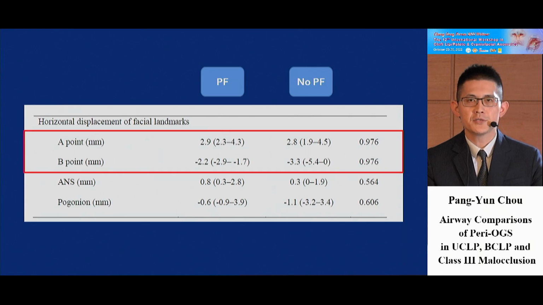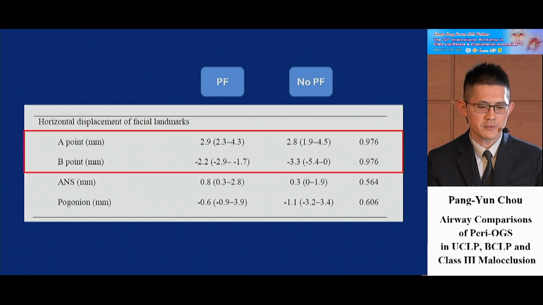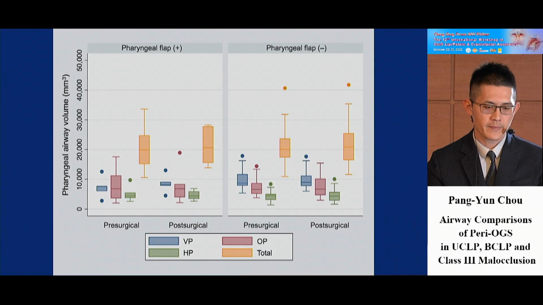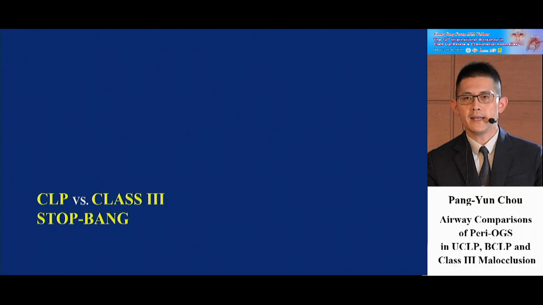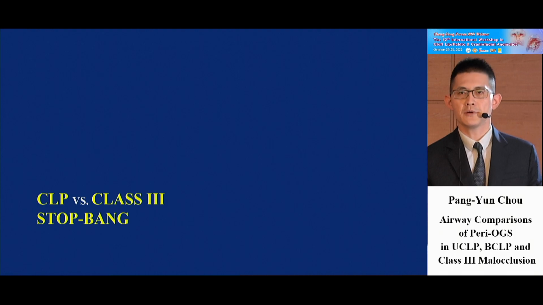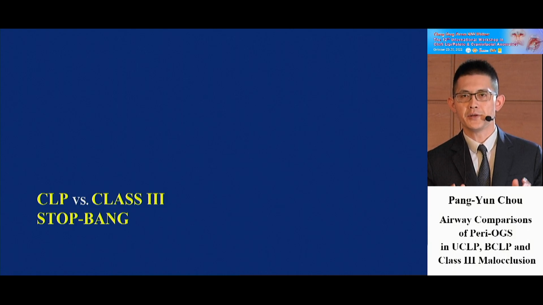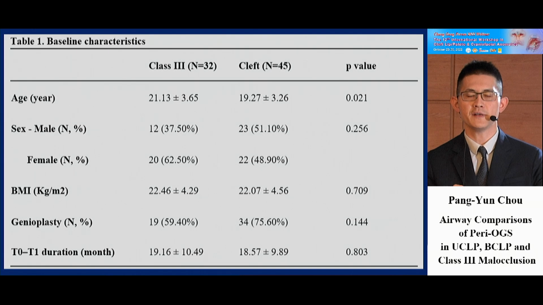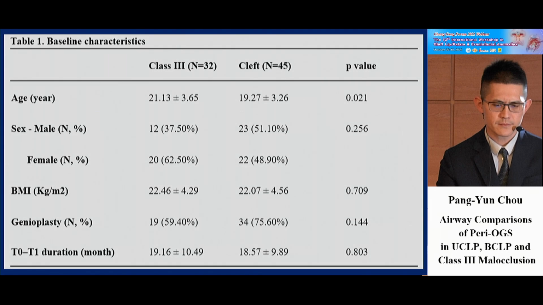And we looked into the translational movement in the two groups. There is no difference as well. On the other side, we wanted to collect all the cleft patients and compare them with normal patients with class 3 malocclusion. Are there any differences between the two groups?